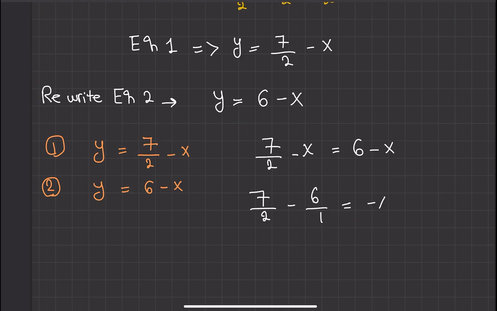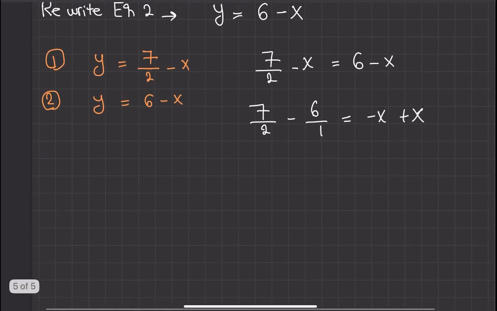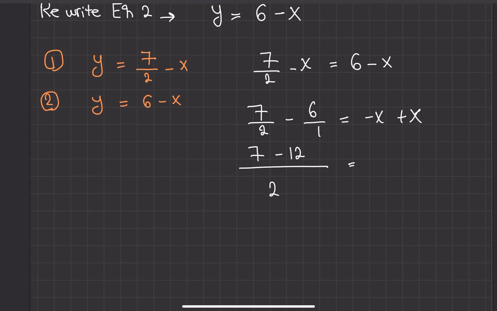And it's going to be minus x plus x. We have a common denominator, which is going to be 2, so this 7 stays the same. But this is going to be times 2, so this is also times 2, so we're going to have 7 minus 12 equals. So minus x plus x is 0x.